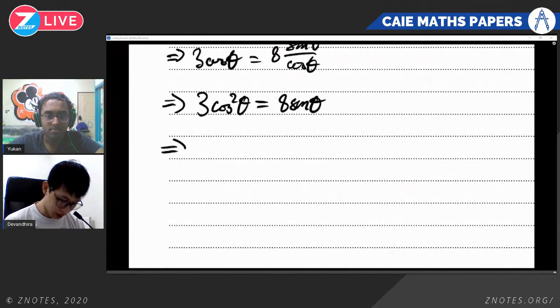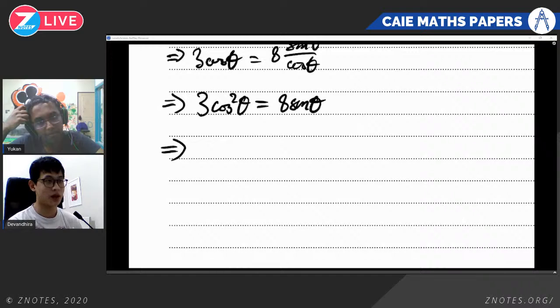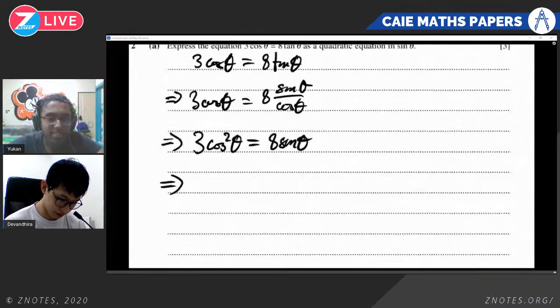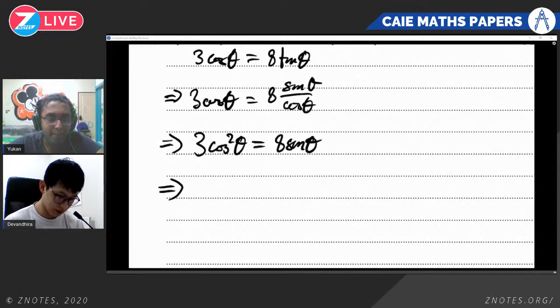All right, what next? I got cos squared and I got sine theta. What next? You can use the Pythagorean identity to expand cos squared into 1 minus sine squared. Exactly.